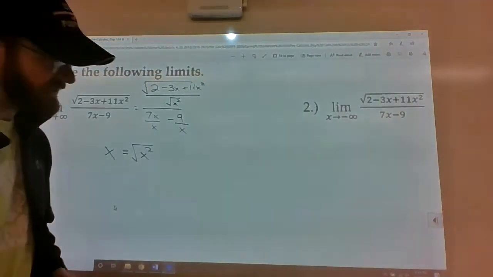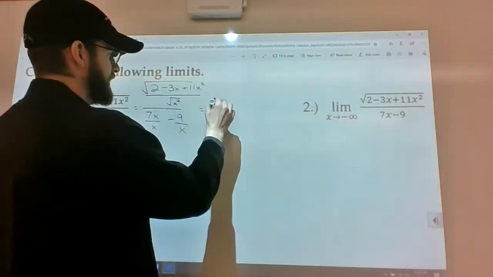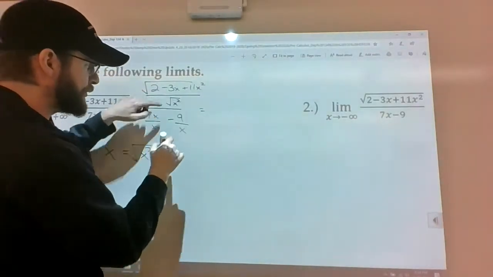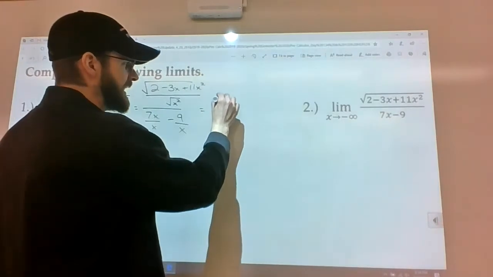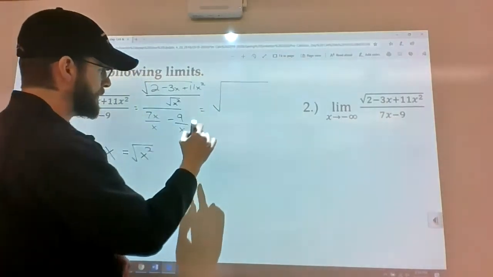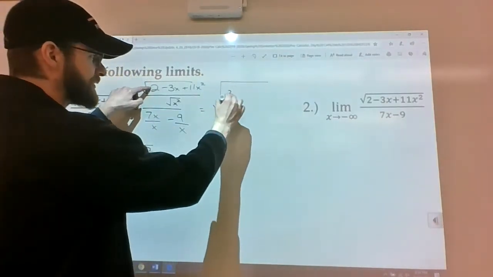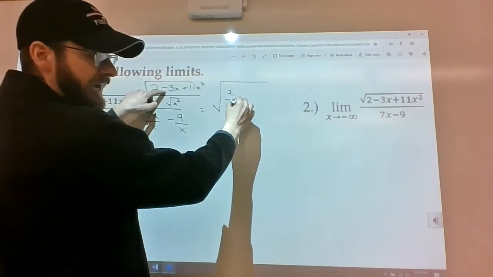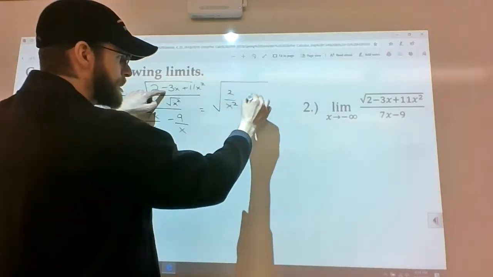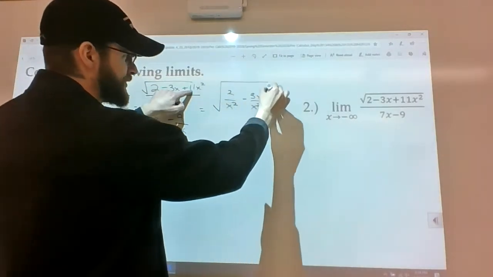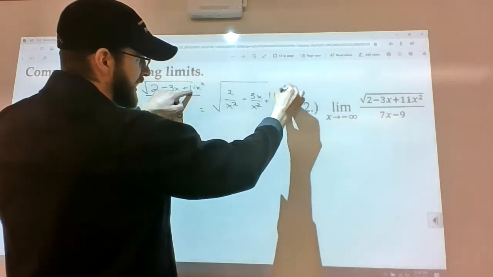So here's what happens next. A root divided by root means I can just encapsulate this whole thing by 2 divided by x squared, negative 3x divided by x squared, and 11x squared divided by x squared.